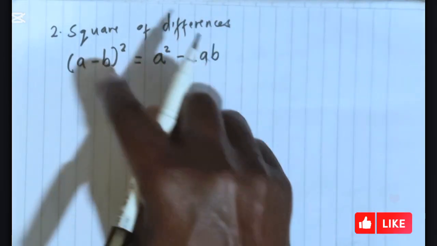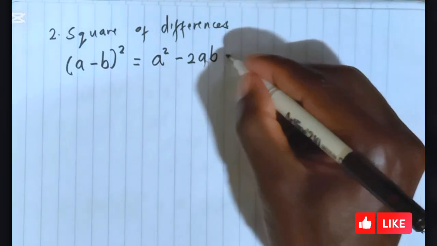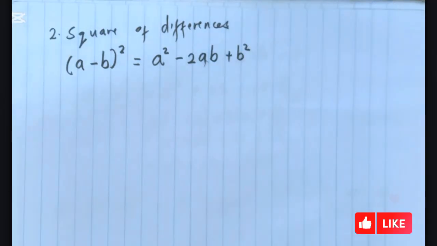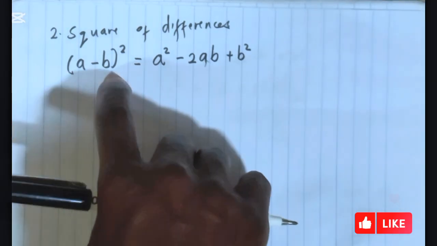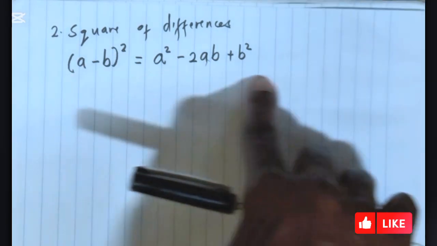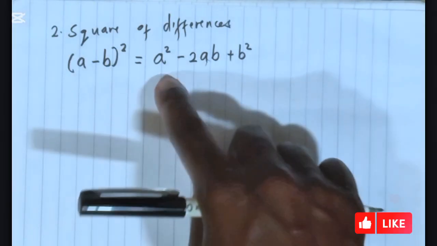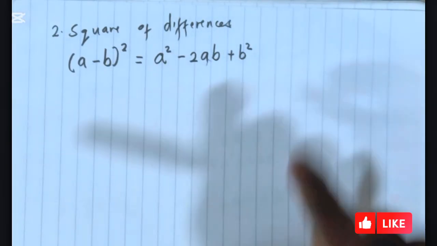Then negative b squared will be positive b squared. So this is what we call the square of differences. So if you expand a minus b squared, you'd actually find that your answer is equal to this. It's a general formula, and that is why we're calling it a quadratic identity.